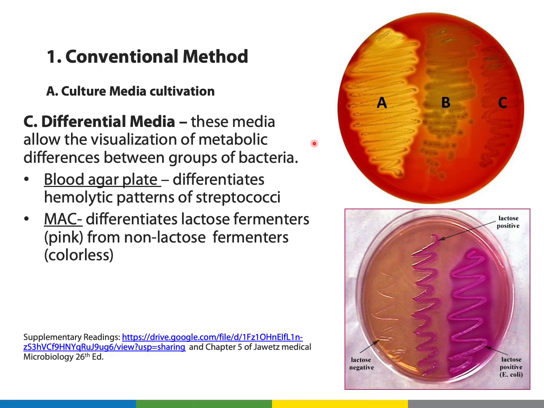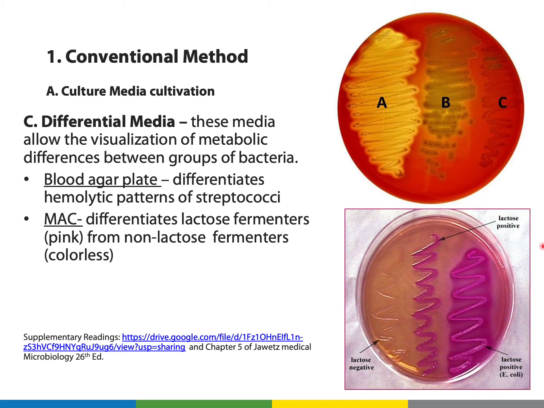Conventional method, another culture media: differential media. These media allow visualization of metabolic differences between groups of bacteria. Upon culture, some bacteria produce characteristic pigments and others can be differentiated on the basis of their complement of extracellular enzymes.